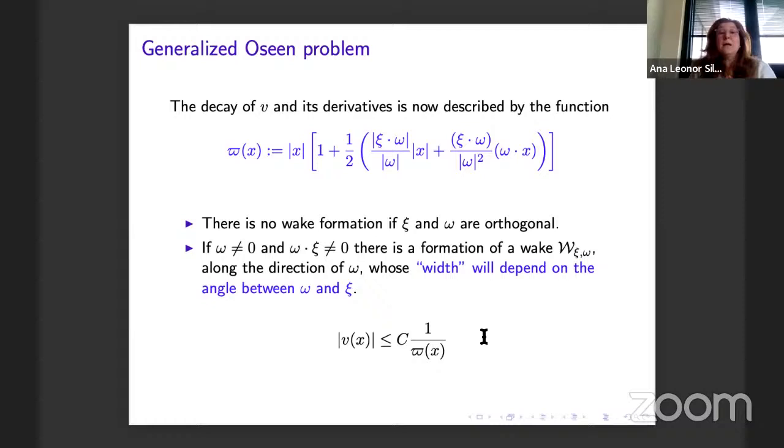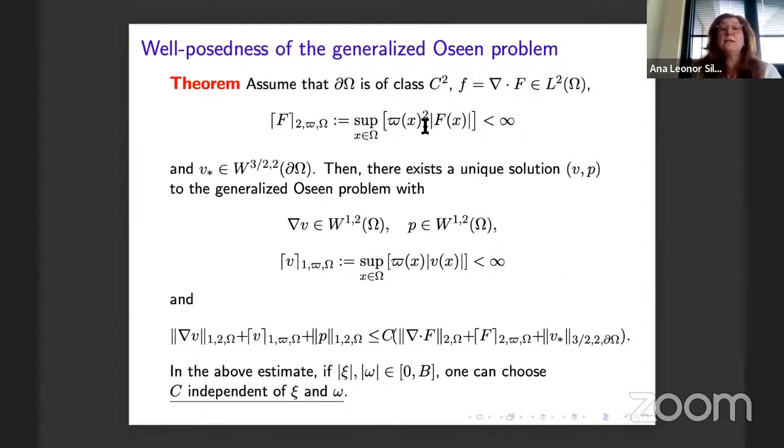So when we then consider the Navier-Stokes equations for small data, in particular for small angular velocity and translational velocity of the rigid body, we can expect that we are going to have a similar behavior in the Navier-Stokes equations. Okay, this is what we can show for the generalized Oseen problem.